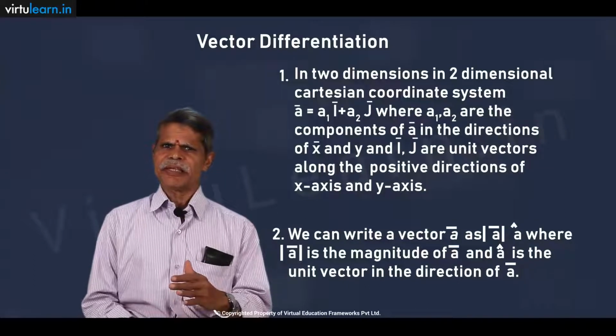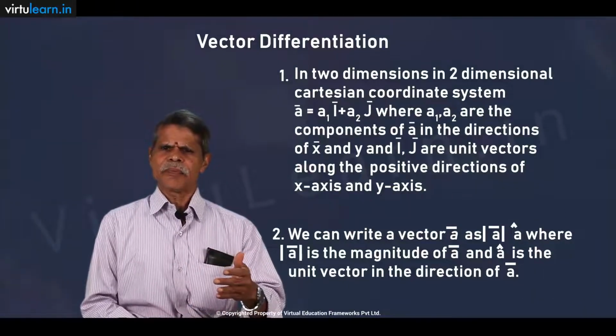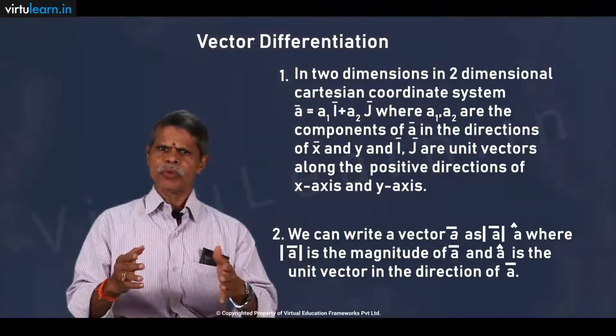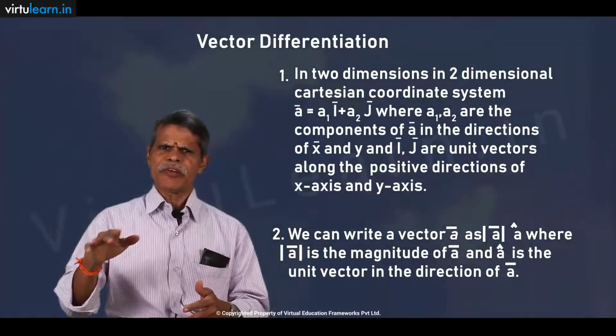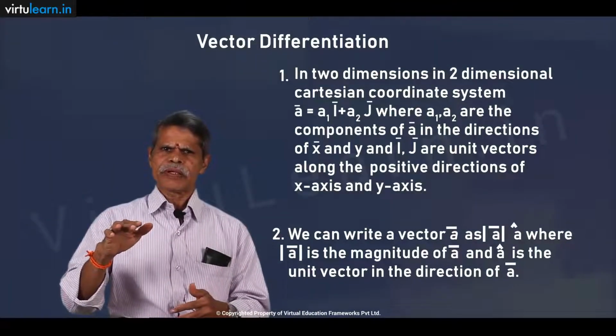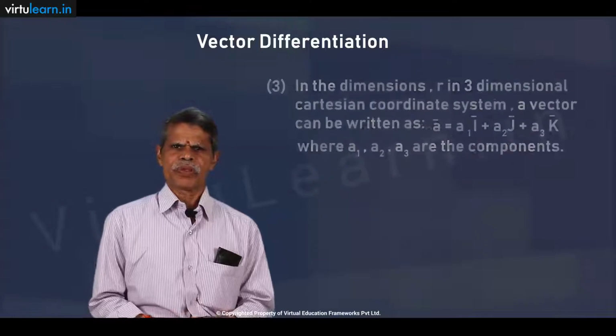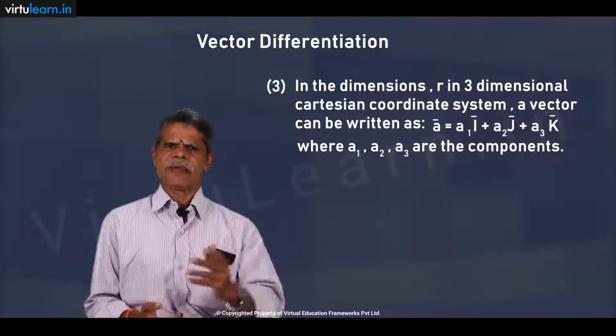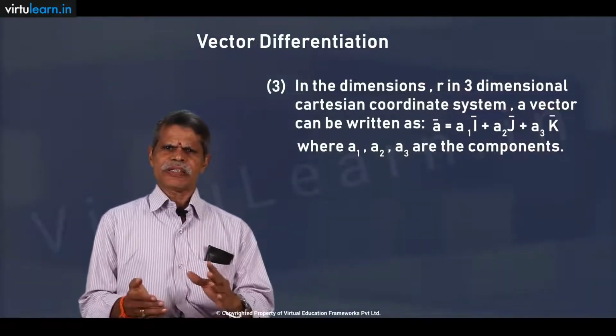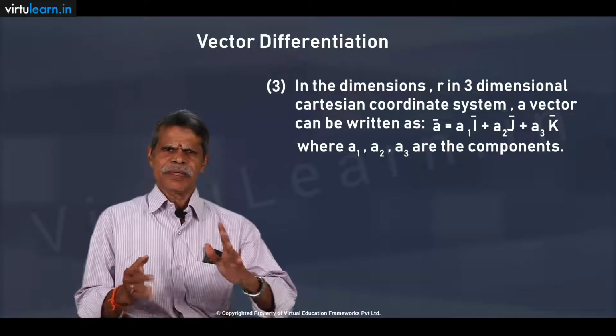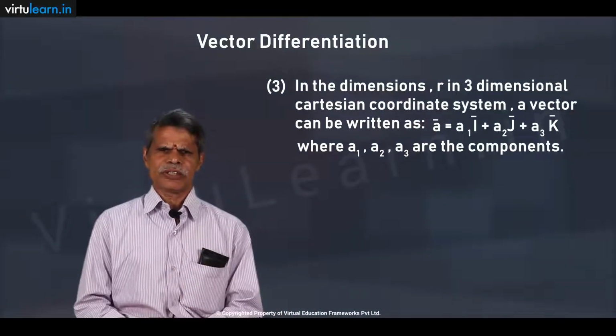This is one representation. Another representation is that A bar can also be written as magnitude of A bar into A cap, that is, a unit vector lying in its direction. Then let us think of a vector in 3 dimensions. Suppose we consider a vector A bar in the 3-dimensional Cartesian coordinate system.